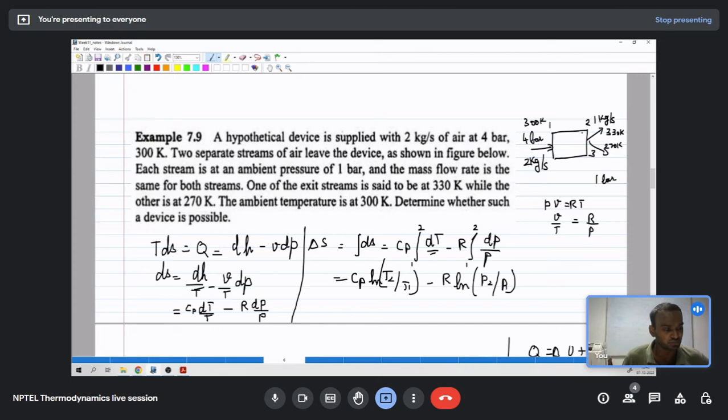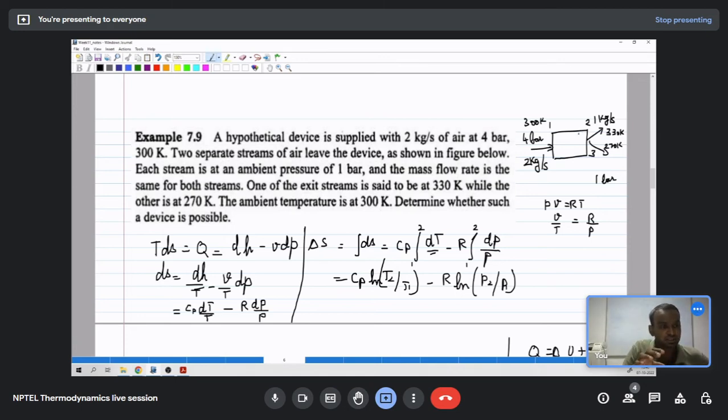In one stream we have 330 Kelvin of air, and in the other stream we have 270 Kelvin of air, and each has the same airflow rate. So that means input 2 kg per second is split into 1 kg per second and 1 kg per second to each stream, and both the output streams are said to have the ambient pressure of 1 bar.